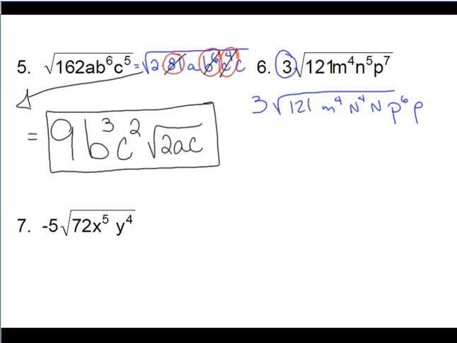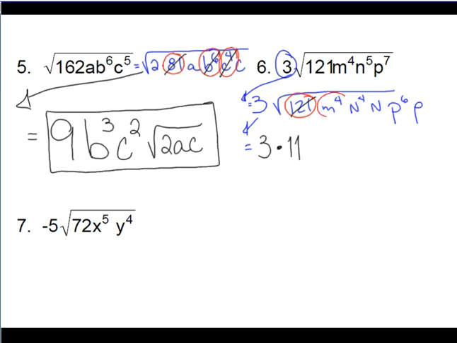So now whenever I come down to my next level here, I'm going to have 3 times, well, the square root of 121 is 11. We're done with that portion.